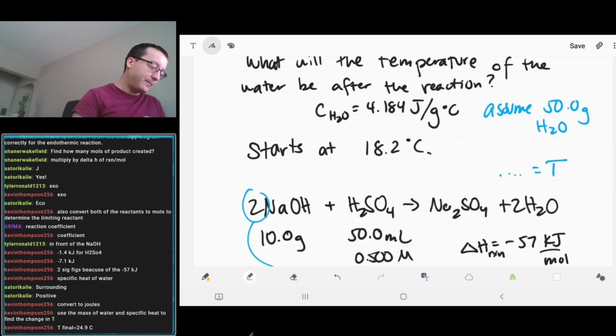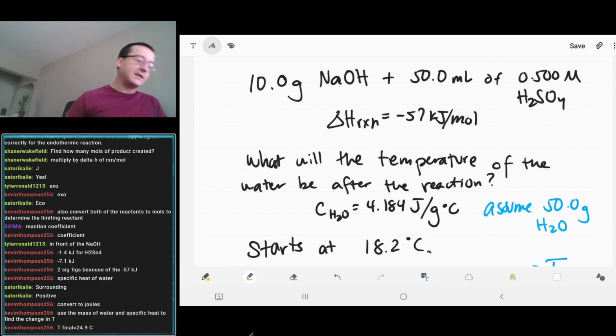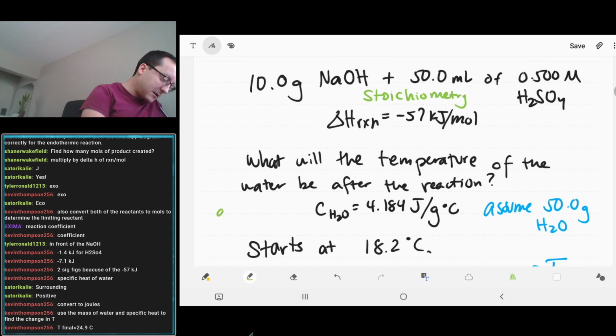So, all this in our problem. We used stoichiometry with these two, using our delta H reaction. We used our MCAT formula.